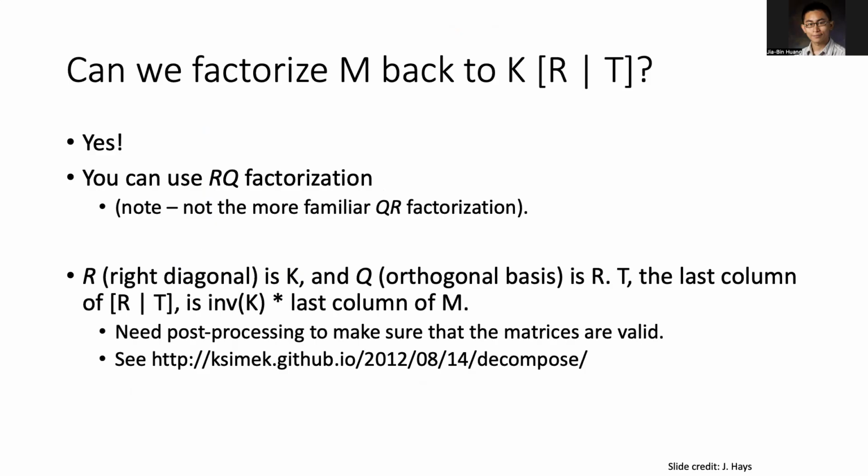If you have a single image capturing a known object, and if you know the coordinates of all these object points in 3D, you can use the linear system of equations to recover the M. And then because this K is an upper triangular matrix and rotation is an orthogonal matrix, and T is just a 3x1 vector, you can use this property to recover the decomposition from M to KRT.